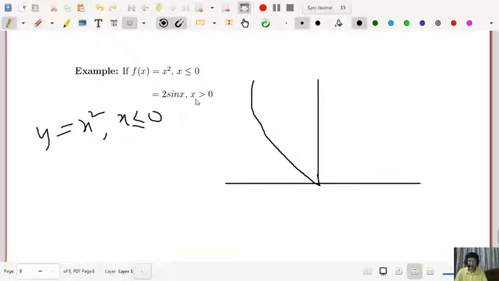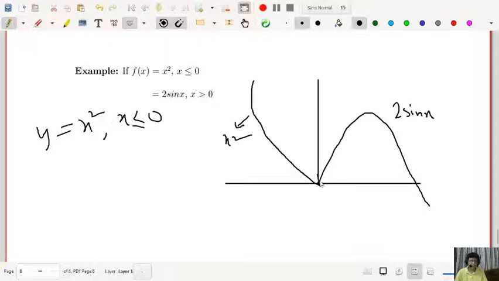And for x greater than 0, this is 2 sine x. So that will be like this. This part is y equal to x square, and for x greater than 0, on this side you have 2 sine x. Look at that, the function is not differentiable at 0 because from the graph you can see it has a sharp corner point.